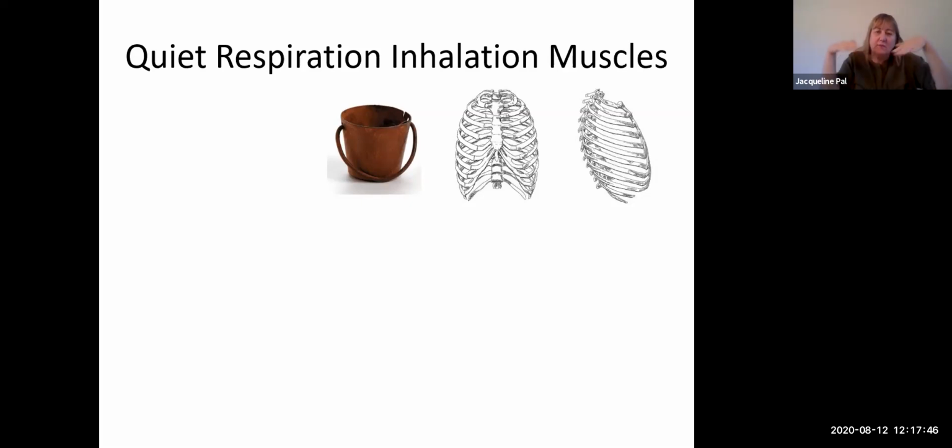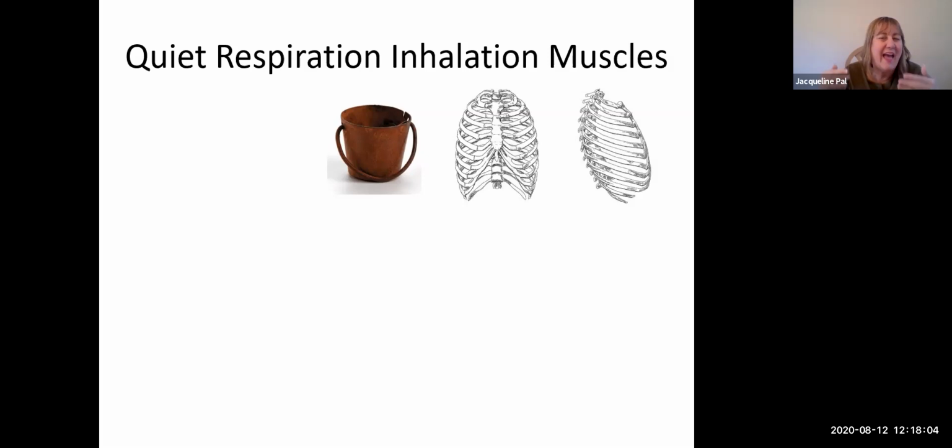Now, when these ribs are angled in the downward direction, the circumference of your rib cage, the diameter in the transverse plane and the diameter in the anterior posterior plane, is fixed with the rib in that direction.